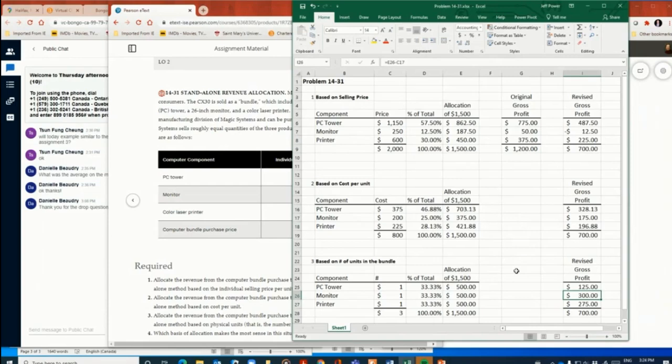But if this is a significant proportion, maybe you should be evaluating performance on cost control or just on sales of individual items in total. Are you matching demand with supply? There could be a variety, employee turnover. There could be a variety of measures of performance that a manager has influence over, as opposed to head office's decision on how to arbitrarily allocate the sales revenue of a bundle.